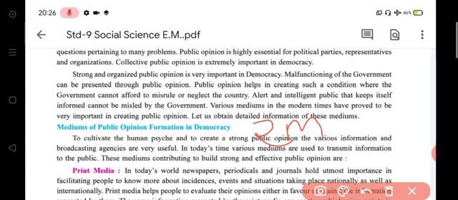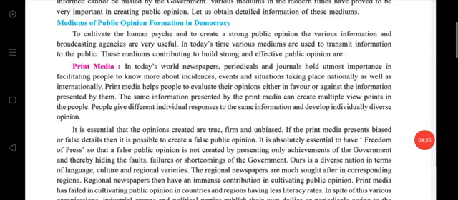For 2 or 3 marks, it is important. Okay, please mark this difference. First, print media.